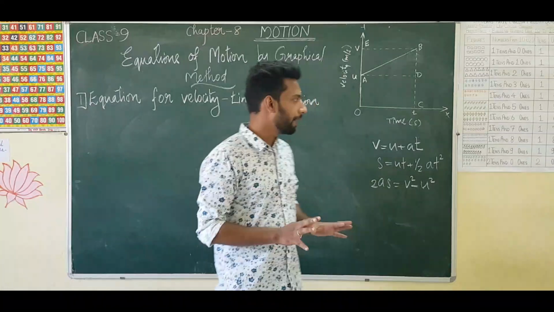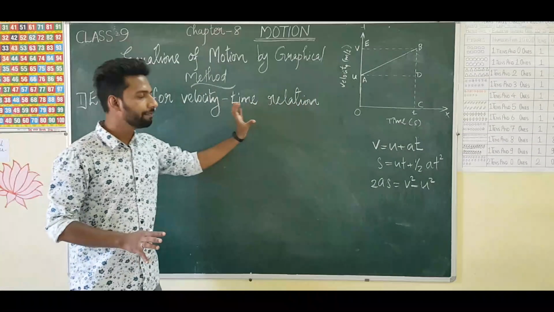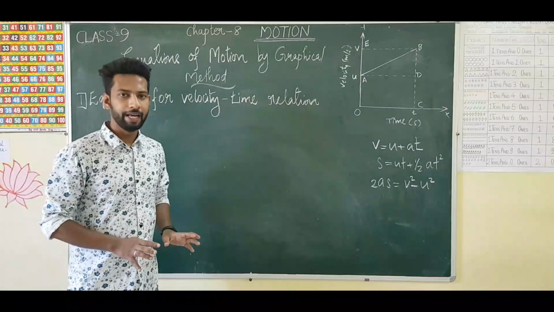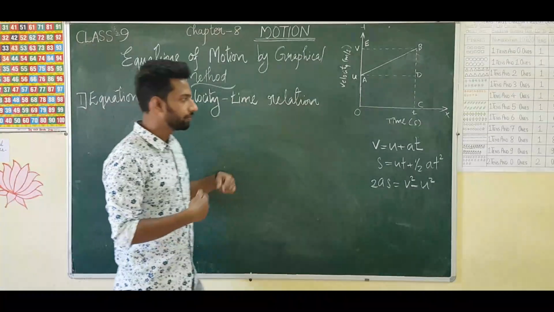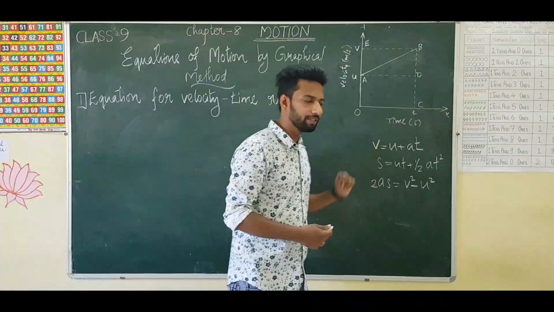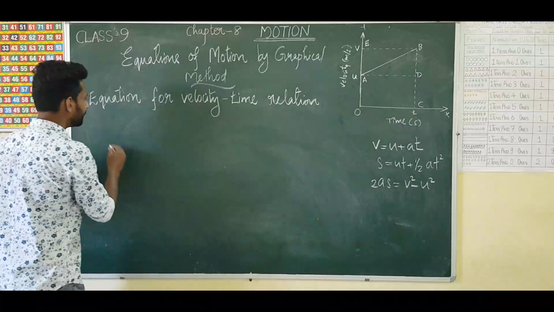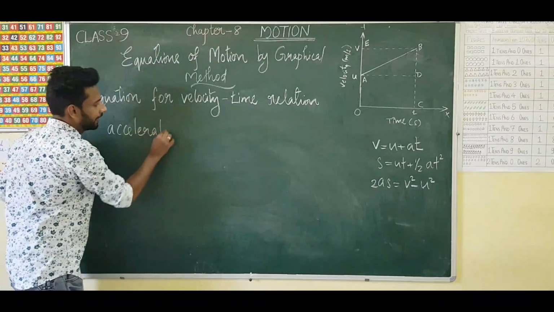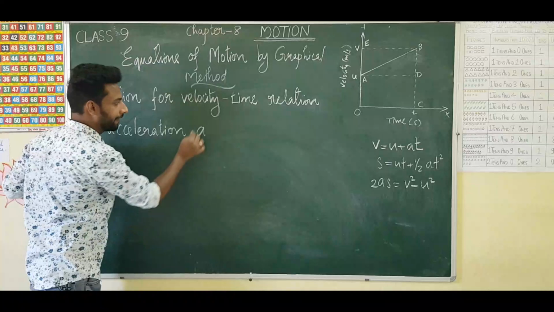In the first part, we have to derive the equation for velocity time relation. Here we are relating velocity with time. We are going to derive the first equation. We know that acceleration is represented by a.